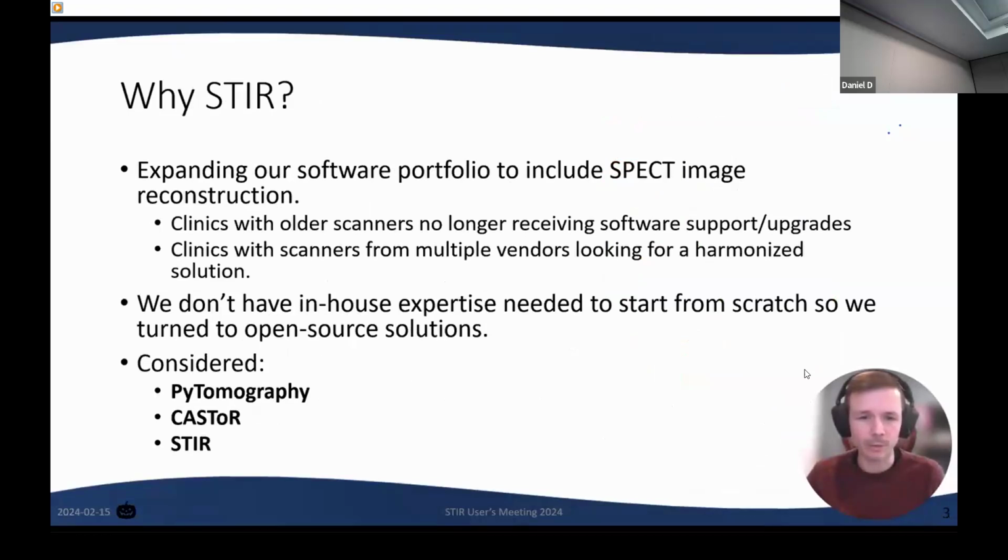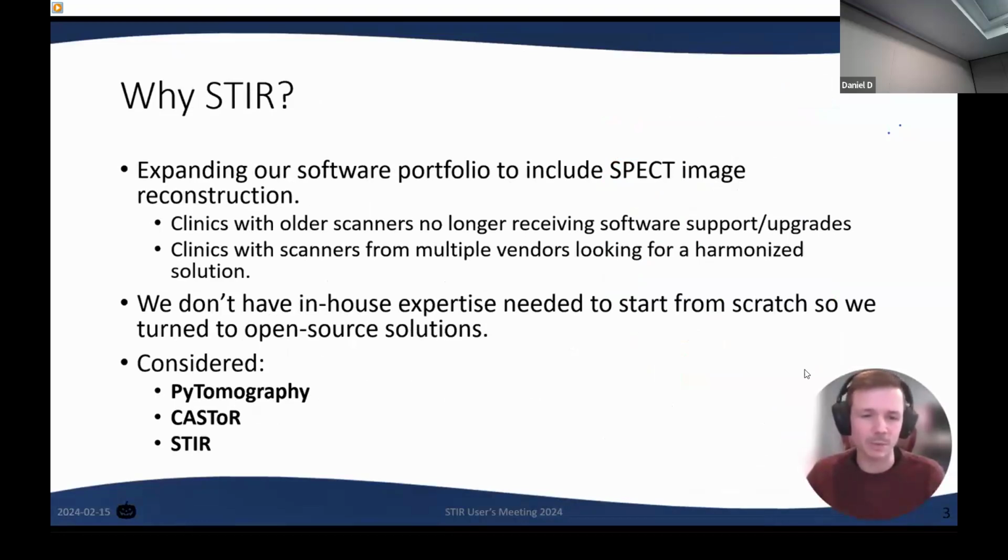Some time ago, we were approached by some of our customers who were interested in SPECT reconstruction software as a product to include at their clinics, and so we started thinking about including such a feature in our software package for the first time, which is why we started looking at STIR to try and address this need.